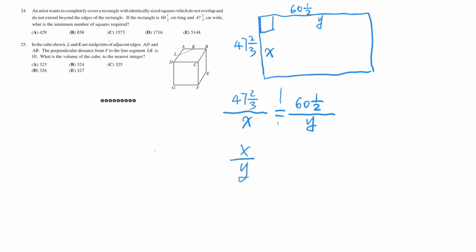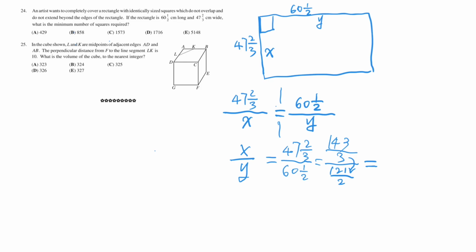As a single equation, we can do left over right. x over y equals 47 2/3 over 61/2. That means 143 over 122. So simplify this tower fraction.